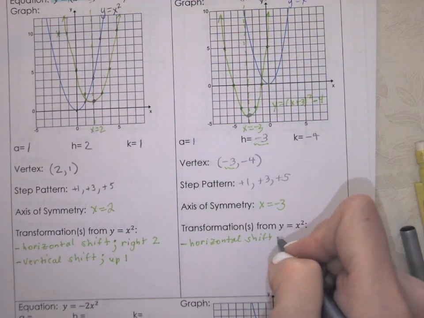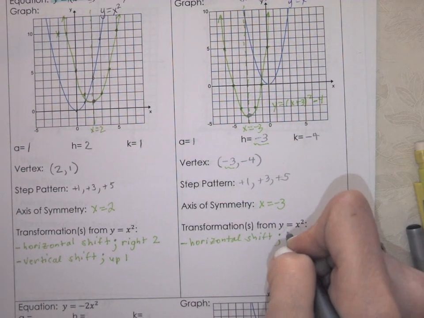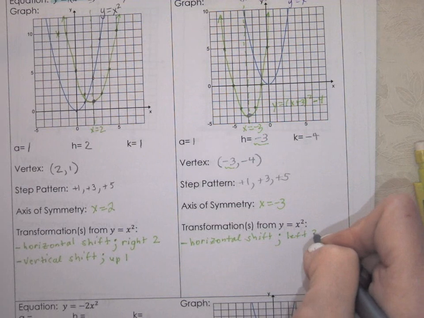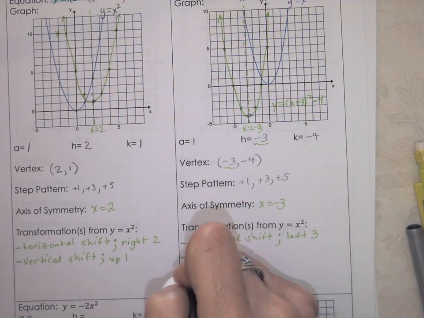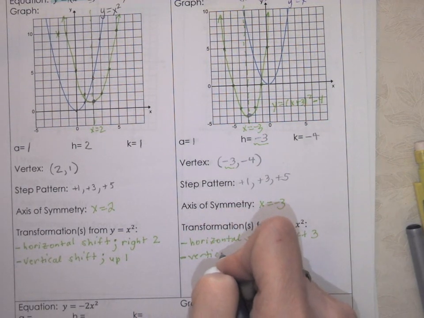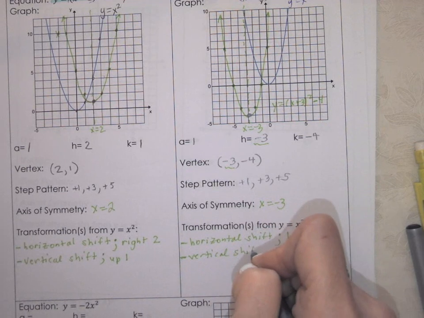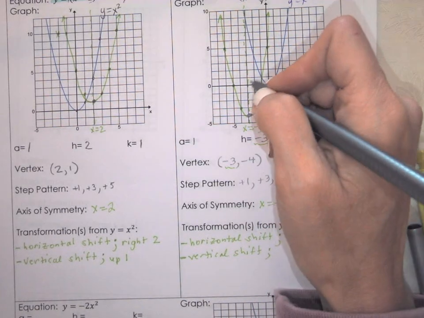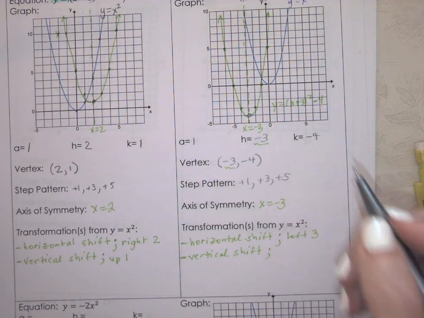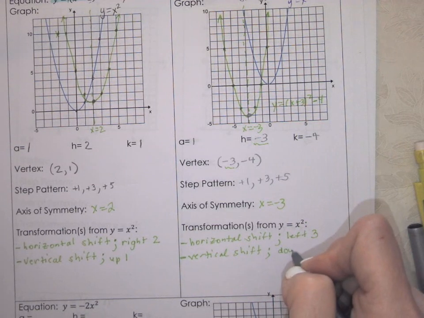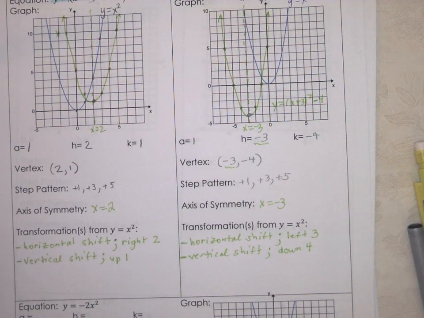So overall it's a horizontal shift, but specifically we moved left 3. And then our vertical shift was down 4. k is -4, down 4. So those are the transformations that occurred.